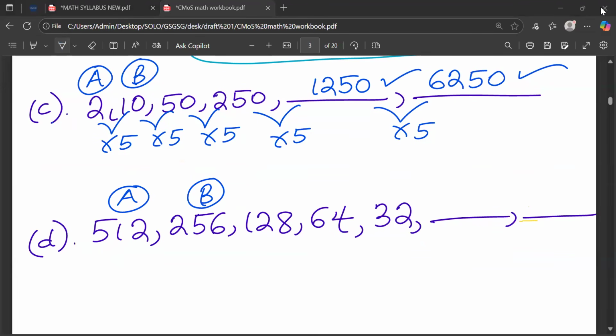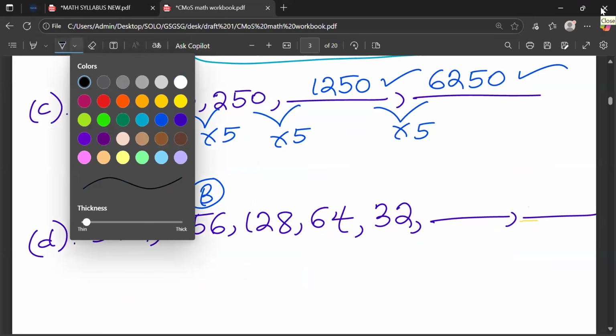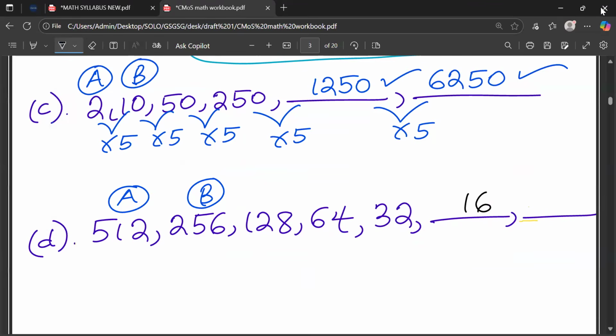That is 1680. Yeah, that is good. Why? We are dividing by 2.